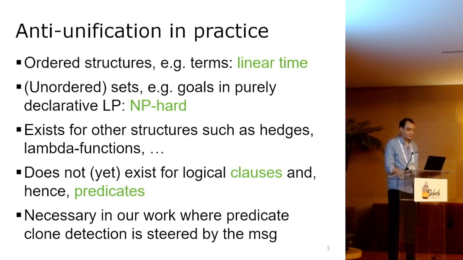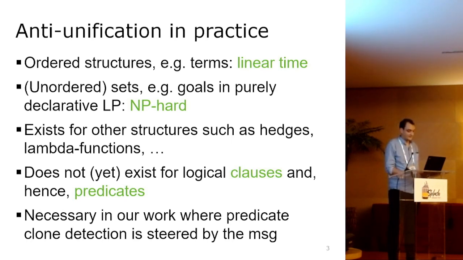For example, goals, when you consider purely declarative logic programming, where the bodies of the clauses are composed of sets of literals rather than sequences of literals as in Prolog, then the problem directly becomes NP-hard, and it's a whole other story. Anti-unification techniques exist also for other structures, such as hedges, lambda functions, or even, in functional programming, for regular functions. But it does not yet exist for logical clauses and hence for predicates.